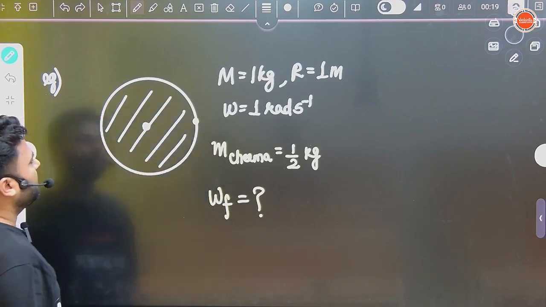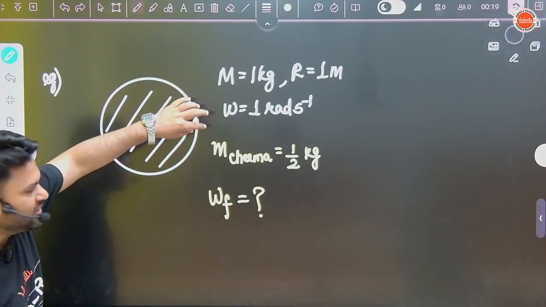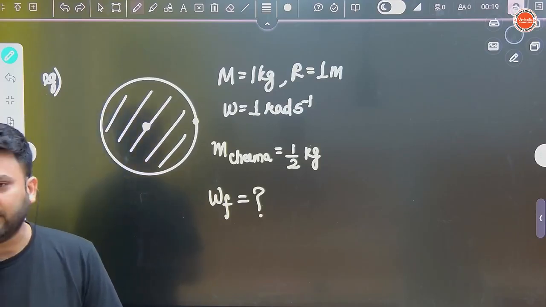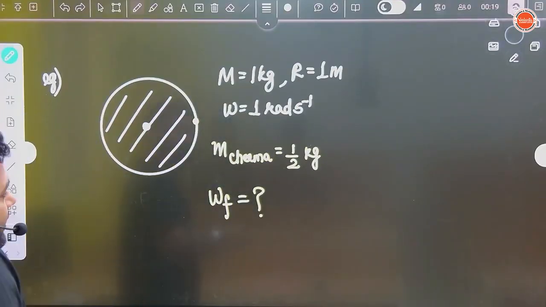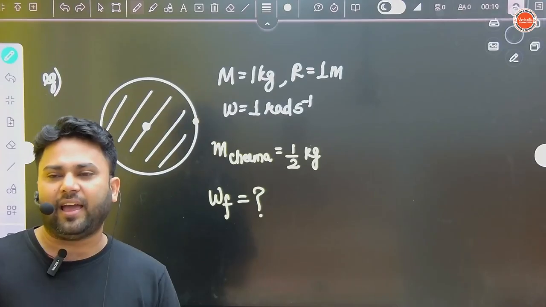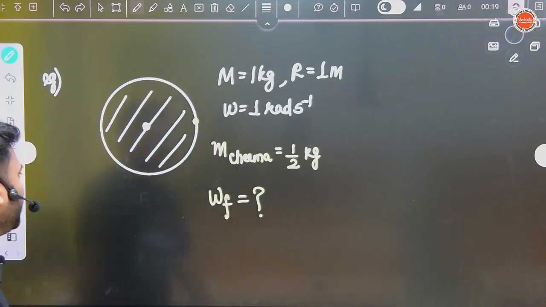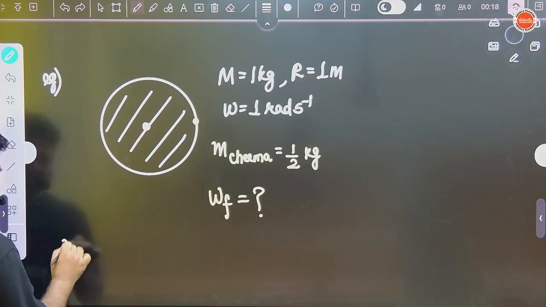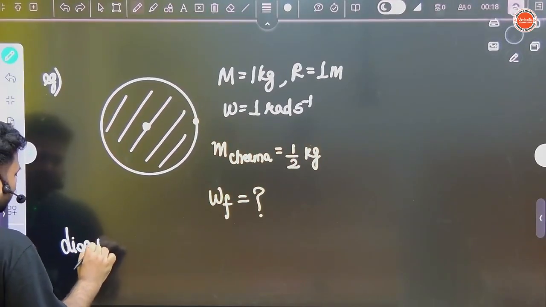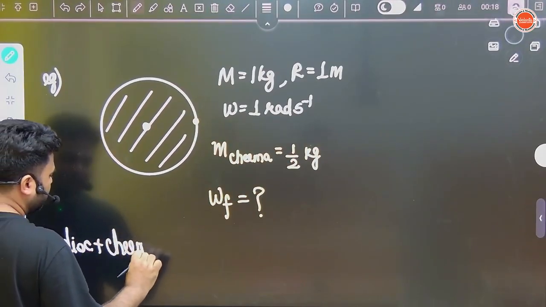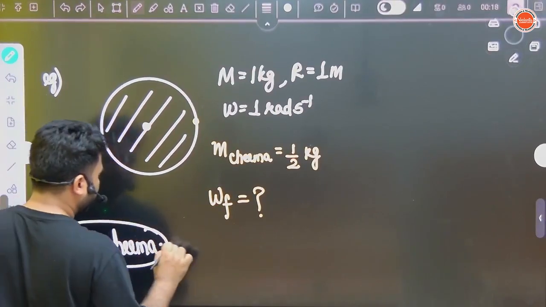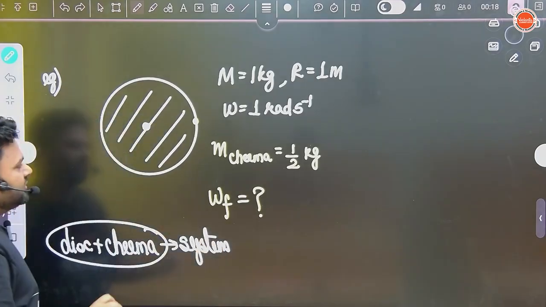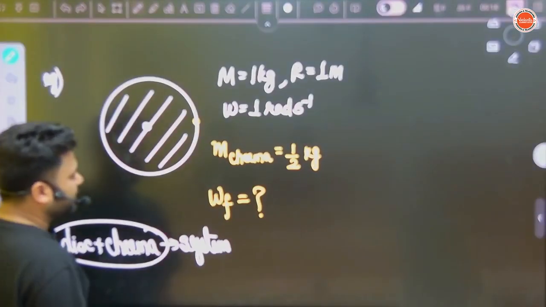Final angular velocity means now if I put gently, chima will also rotate with the CD. Chima is heavy, not very light, half kg. So if we take our disk plus chima as our system, can I say there is no external torque acting on the system?